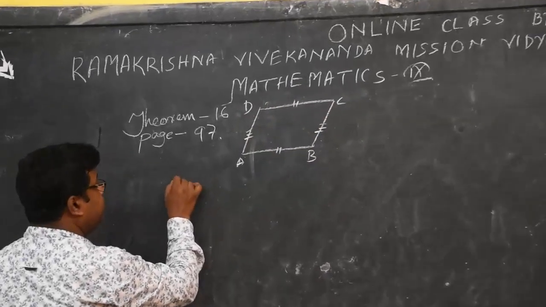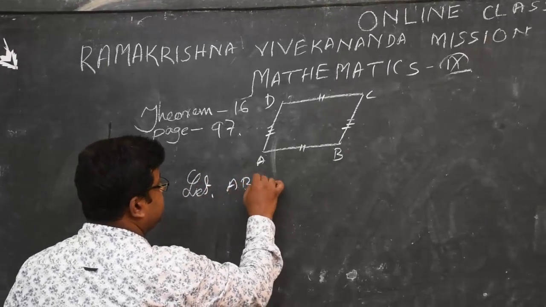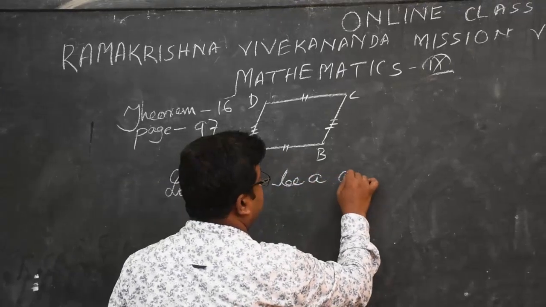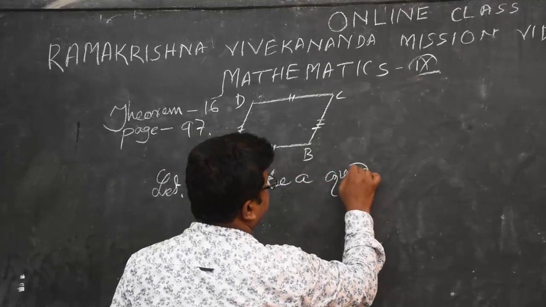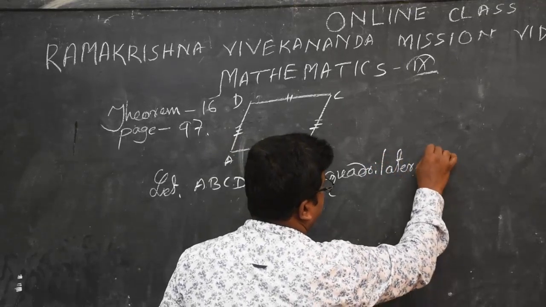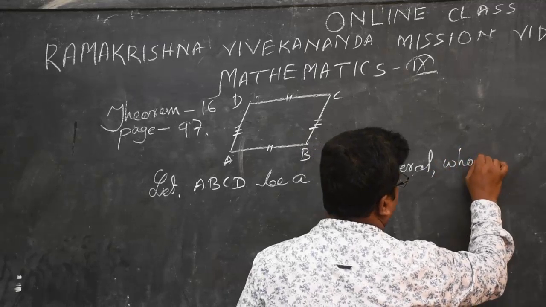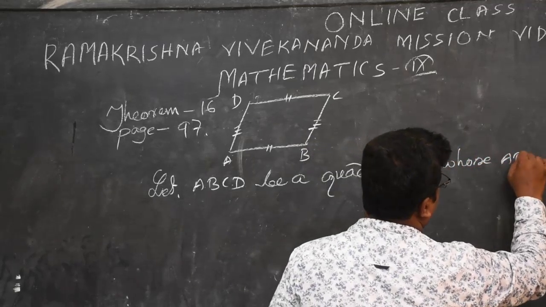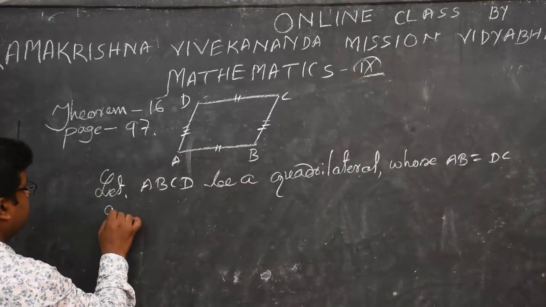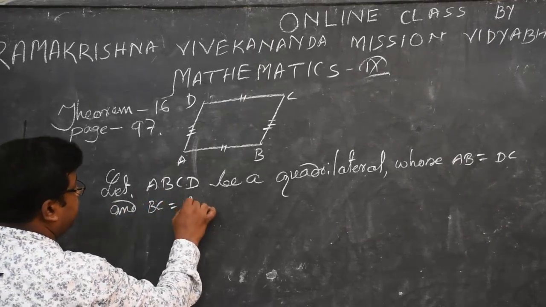Let's start the theorem. Let ABCD be a quadrilateral whose AB equal to DC and BC equal to AD.